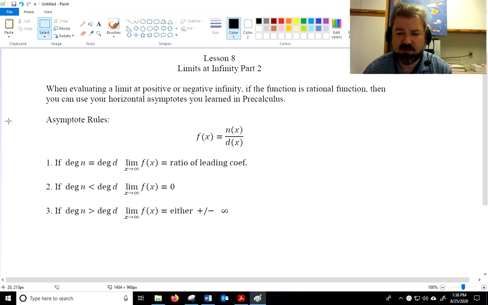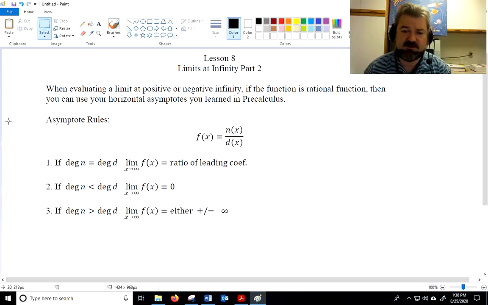One of the patterns that we are exposed to early on, even in Algebra 2 class, is this idea that with rational functions, those are functions where the numerator and the denominator are polynomials, you can find the horizontal asymptotes by remembering that if the degrees are the same, the horizontal asymptote is the ratio of the leading coefficients.